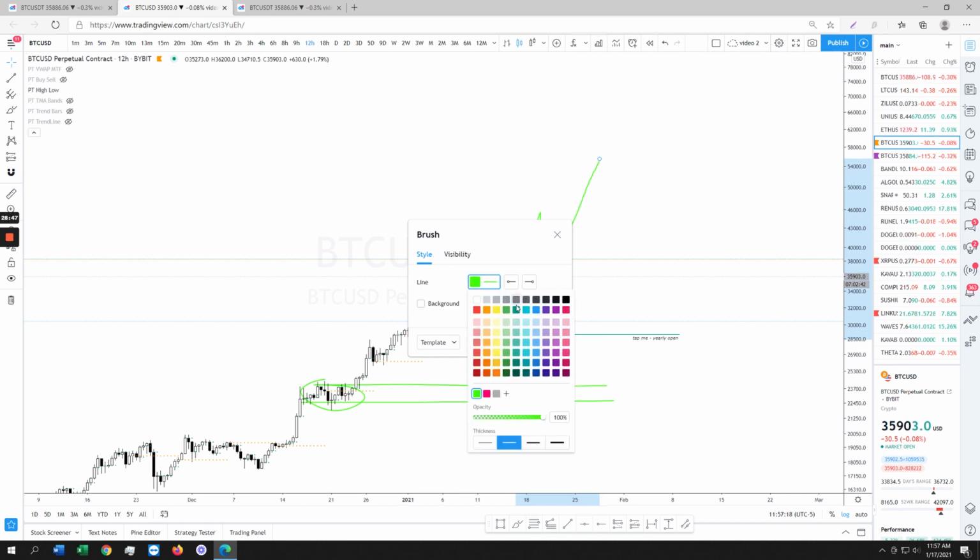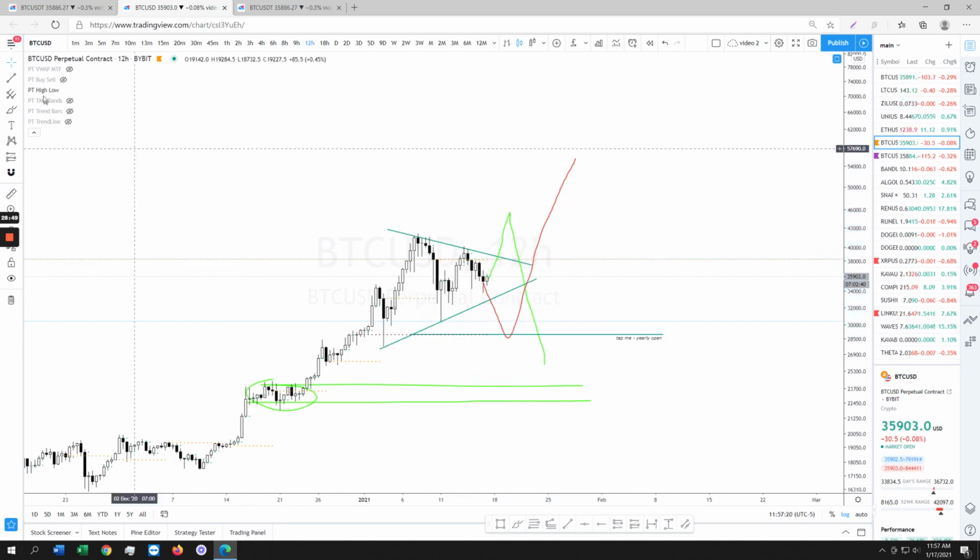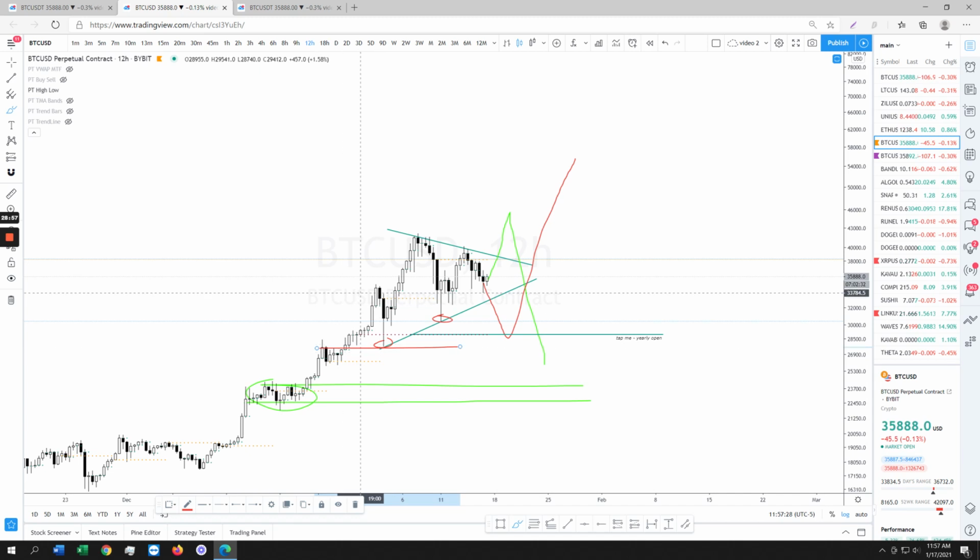Make this red. Break down, kill everybody who longed this wick, destroy them, as long as the structure holds, because this was the first retracement after this massive uptrend, right? That'll be your higher low of the original structure. Break everybody's heart, tap the yearly open, and then send this to 50, 60,000. Very, very big probability that could take place.